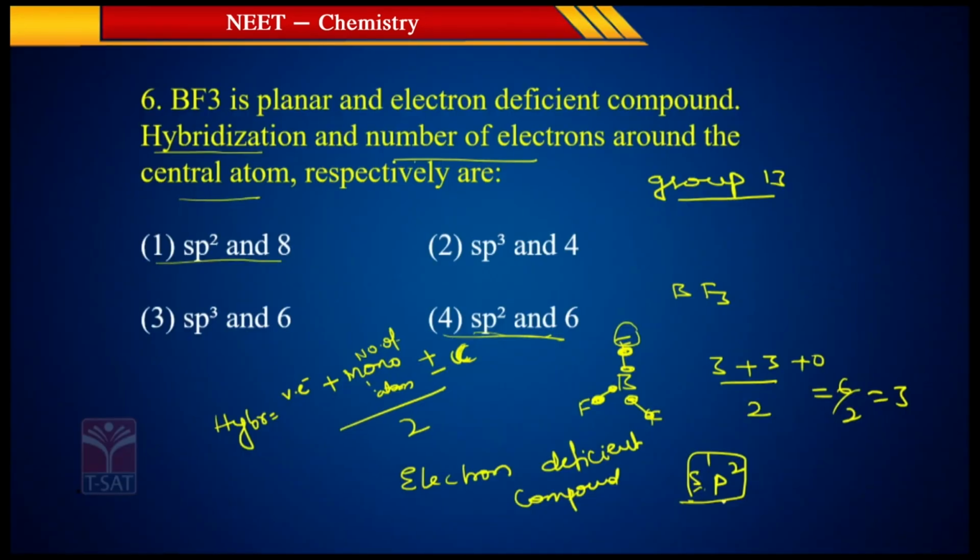Octet configuration means any molecule in a compound should have 8 electrons, right? That is why it is electron deficient. So, for BF3 and anything undergoing sp2 hybridization, the shape will be trigonal planar. Remember carefully, trigonal planar. sp3 means tetrahedral, right?